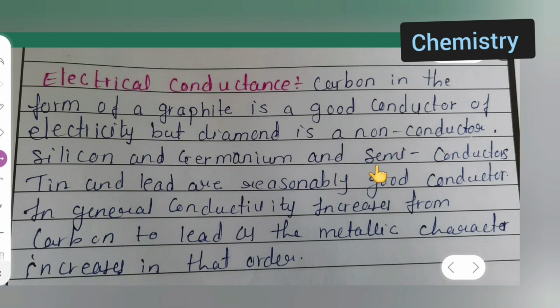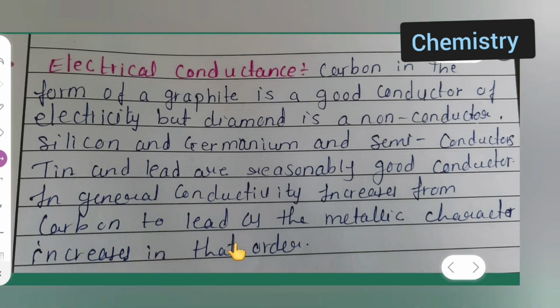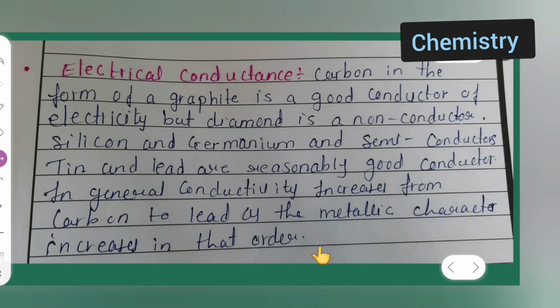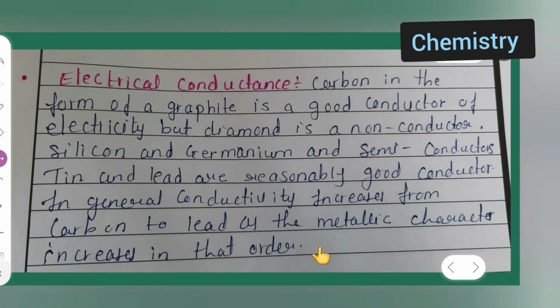Silicon and germanium are semiconductors. Tin and lead are reasonably good conductors. In general, conductivity increases from carbon to lead as the metallic character increases in that order. Okay, so you all can take down this electrical conductance part.